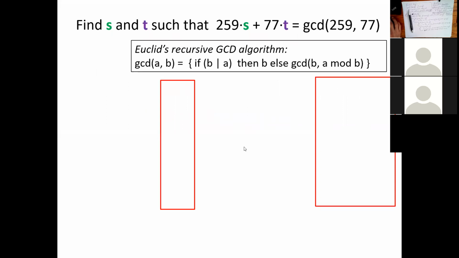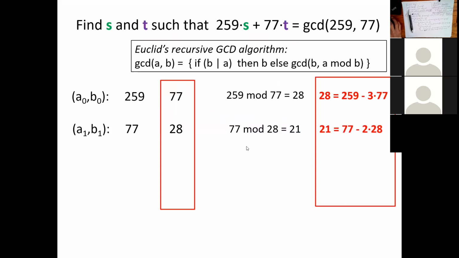Okay, so I have it here on the slide. It's not perfectly animated, so let's see if I can do this. Let's take an example of computing a GCD of 259 and 77.